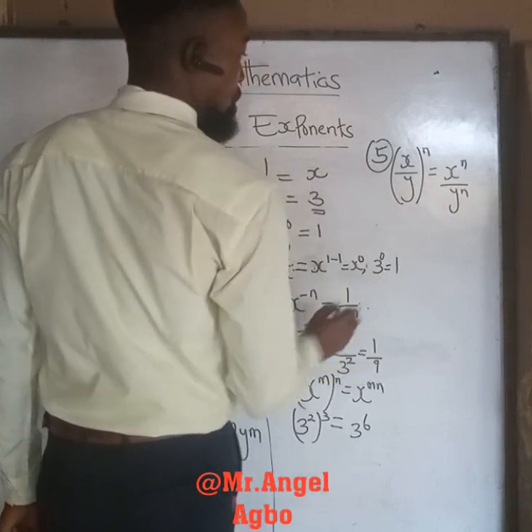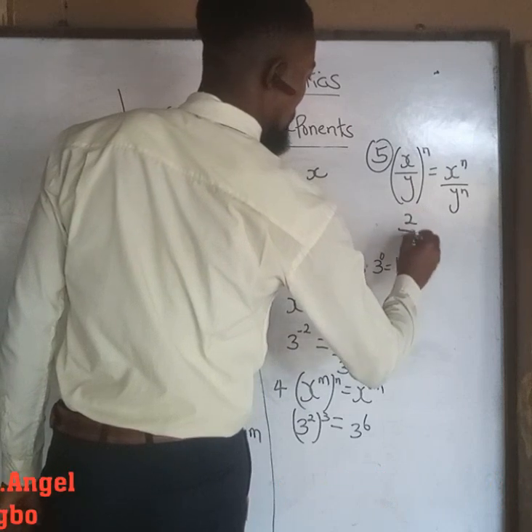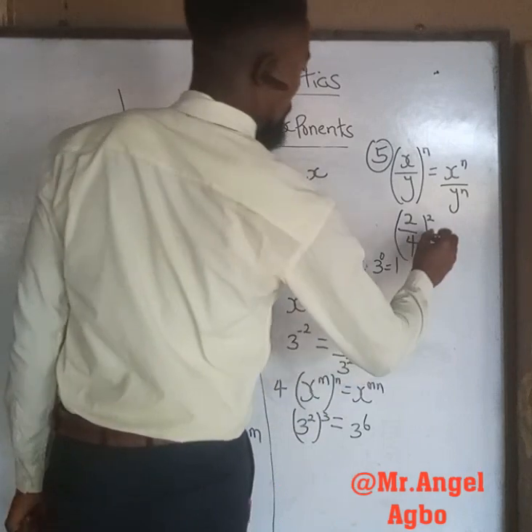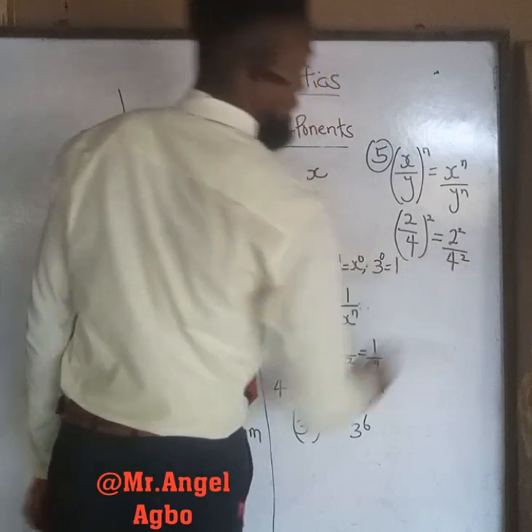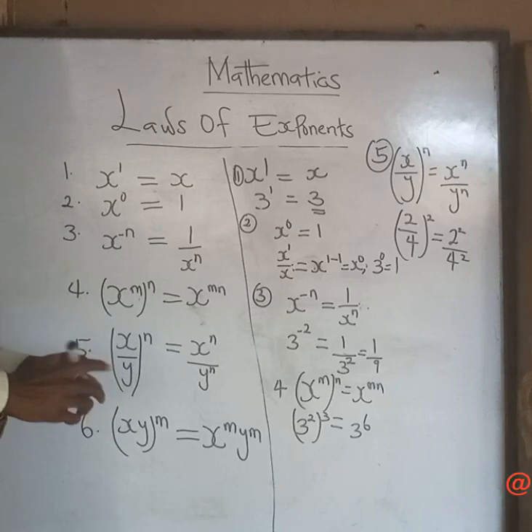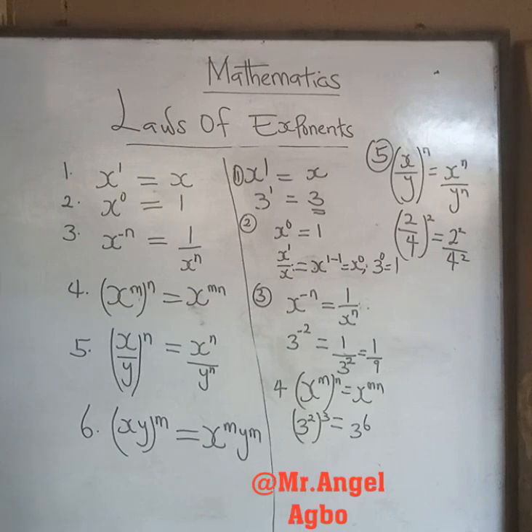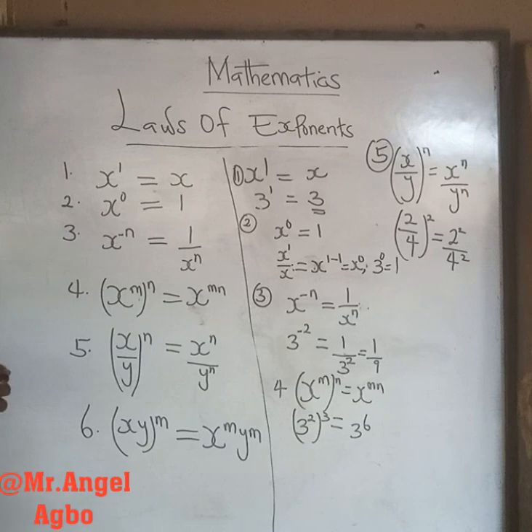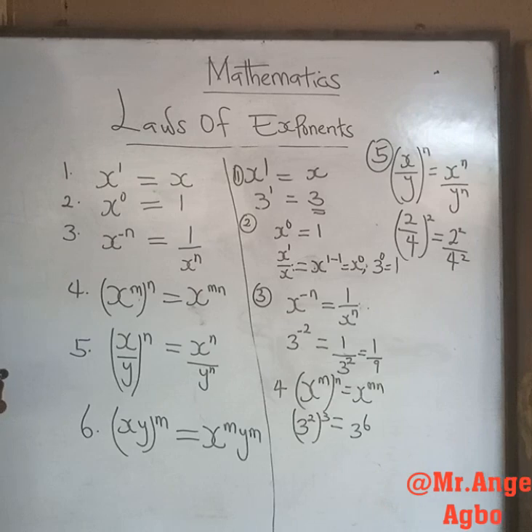So for instance, if we want to use numbers, let's say 2 divided by 4, in brackets, to the power of 2. So we are going to have it this way as 2 squared divided by what? 4 squared. Do you understand that? So 2 squared is 4, 4 squared is 16. So that is what it's going to give you. So the square affects the numbers inside. It's not just for numerator or denominator, it's for both of them, for the whole fraction. Okay, you get that?